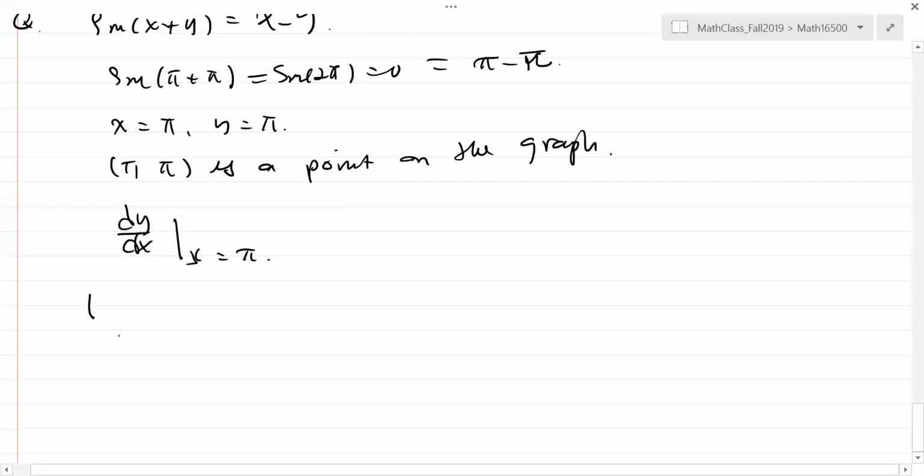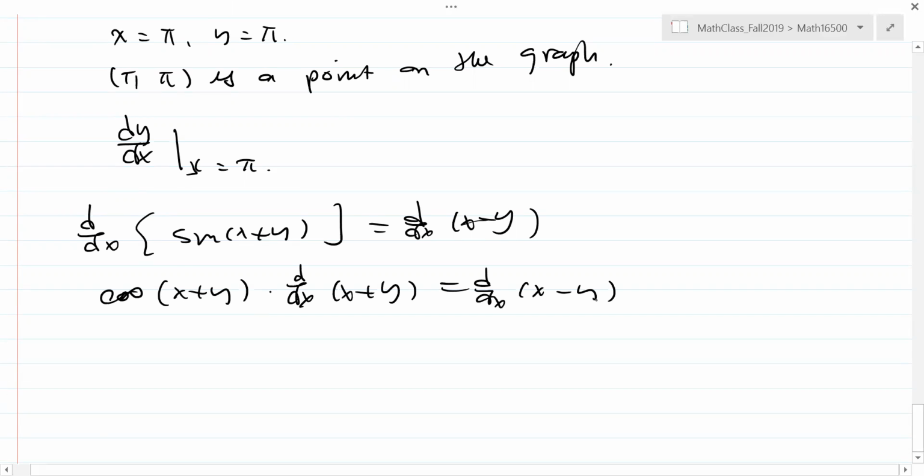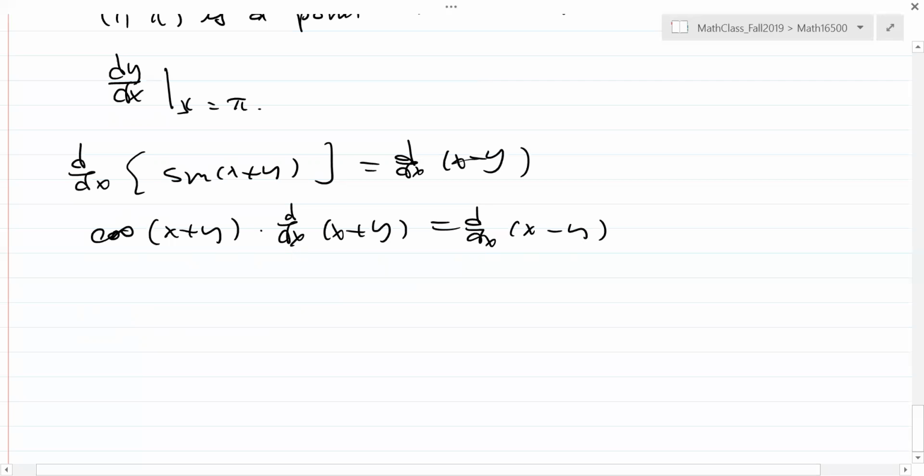So differentiate both sides with respect to x. When you differentiate sine, it becomes cosine, then you have to differentiate what's inside, which is x plus y.